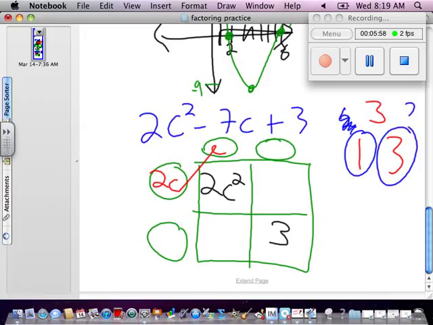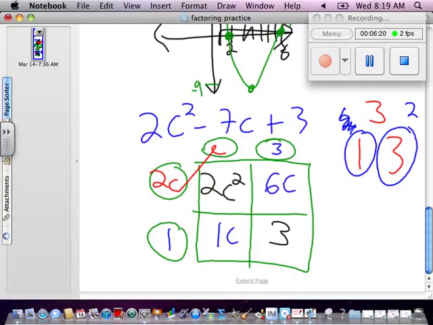Let's multiply 3 times 2. What's 2 times 3? 6 plus 1, does that give me 7? So I know that I want the 3 to be multiplied by the 2. So where am I going to put the 3? The top. 2 times 3 gives me 6c. So I'm going to put the 1 right here. So I get 1c.